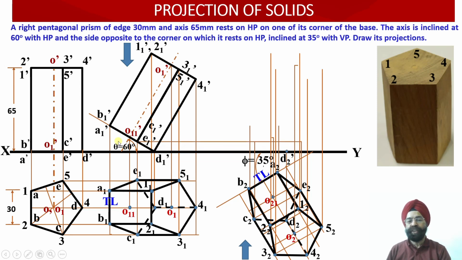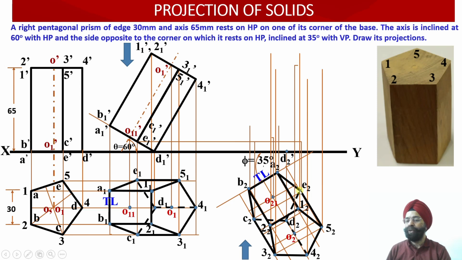Now the next points which are encountered are C1 dash and E1 dash. From C1 dash and E1 dash, again we have drawn a horizontal projector line. Wherever this horizontal line is intersected by vertical projector lines emerging from C2 and E2, we obtain the 2 points over here. This is point C2.